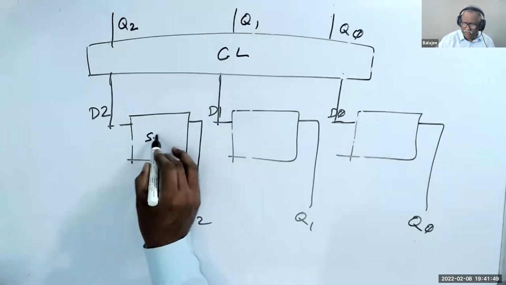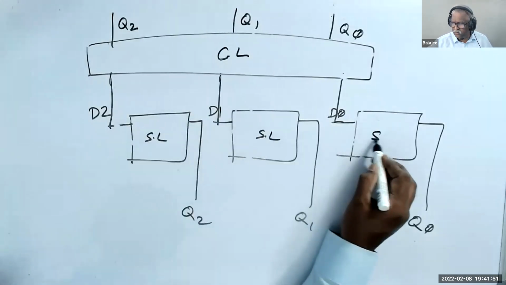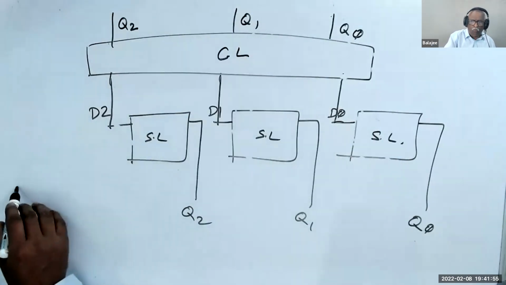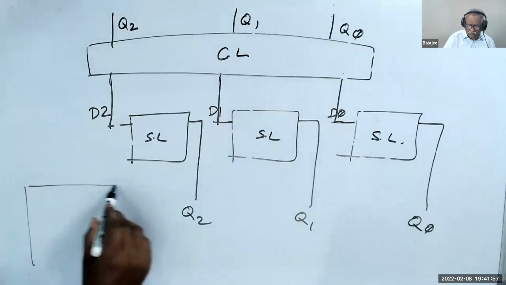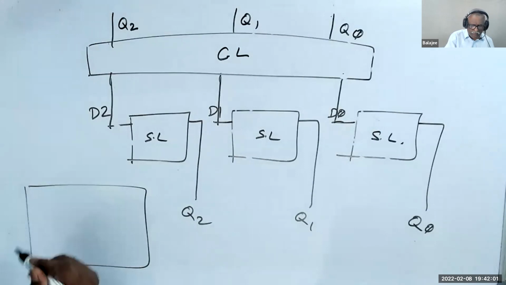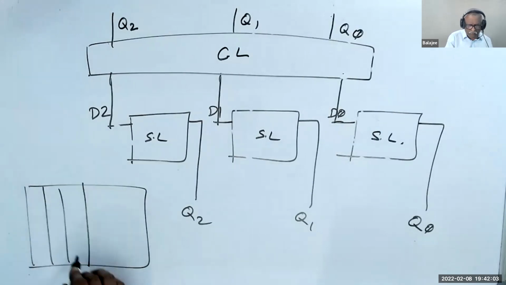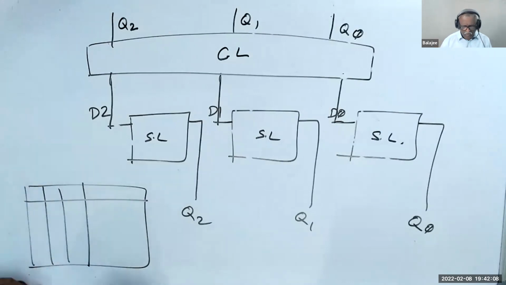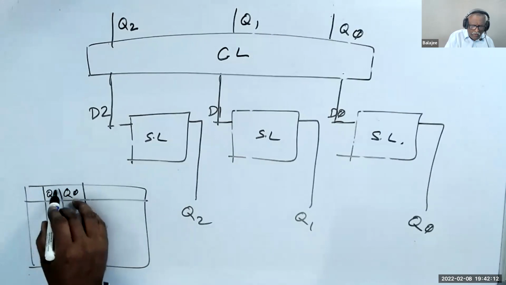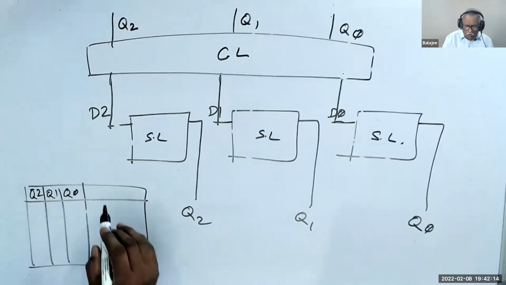Please understand. So this is combination logic. This is sequential logic. I have designed the combination logic in such a way that it has three inputs. What are the inputs? Q0, Q1, Q2. What are the outputs?